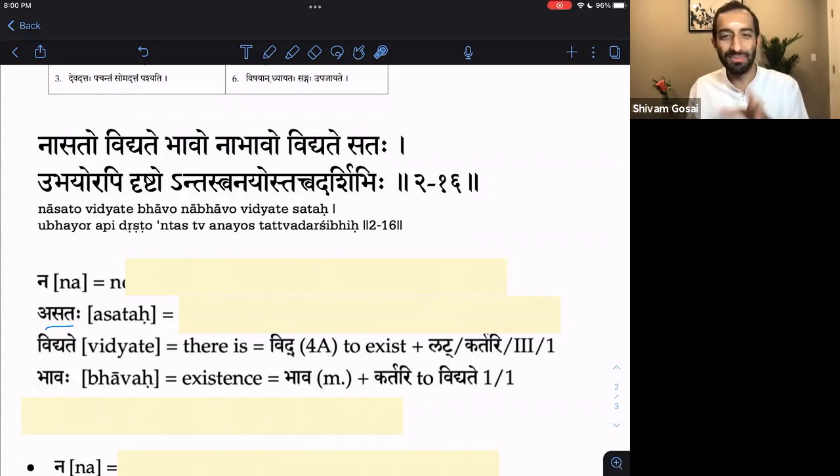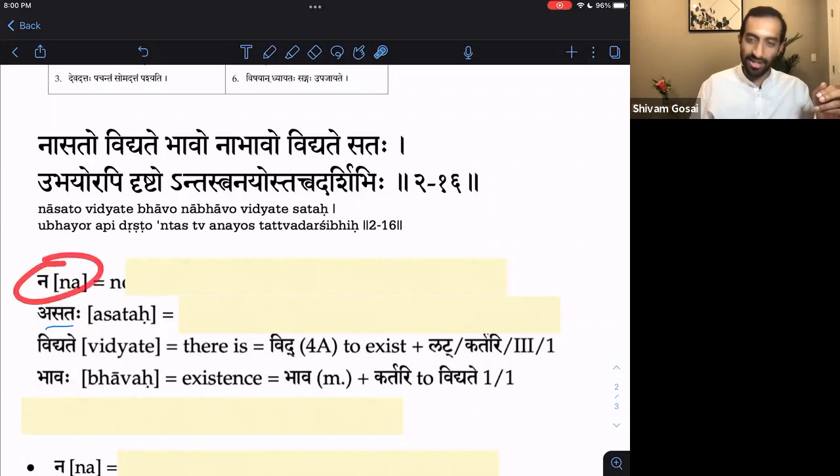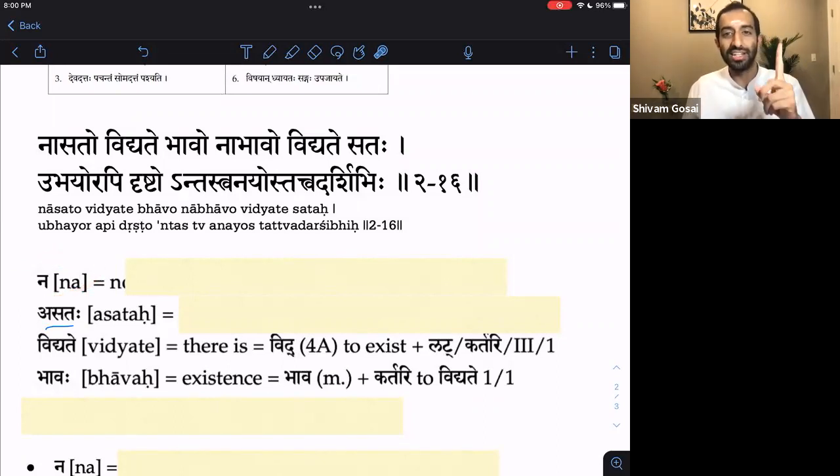This won't have much meaning now in this class, but we're going to give it meaning in Vedanta class, so don't worry. There is existence. But we have to see na vidyate. There is no existence. Bhavaha na vidyate. There is no existence, or existence is not there.